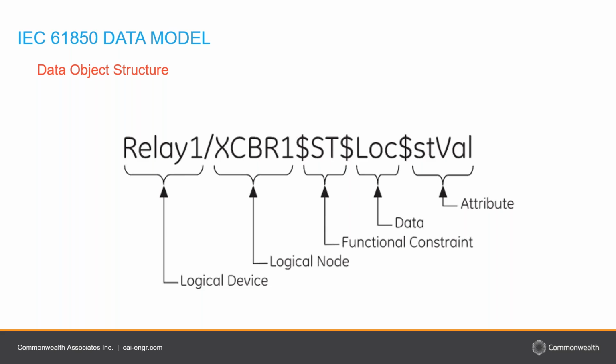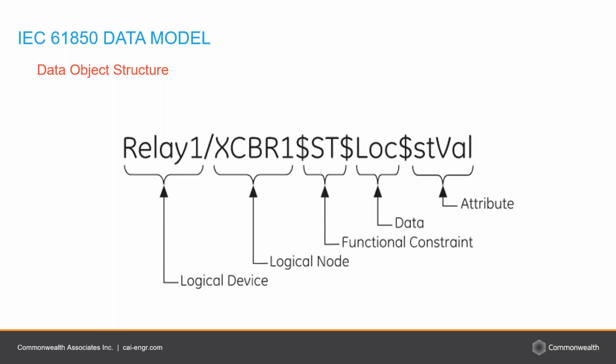Now suppose relay 1 contains a logical node which models a circuit breaker in the yard, given by the XCBR1 identifier. That's the name of the logical node for the circuit breaker. Now suppose for that circuit breaker, we want to know whether the circuit breaker is in local mode of operation or remote mode of operation, then we need to look at the data element, which is given by the LOC identifier.